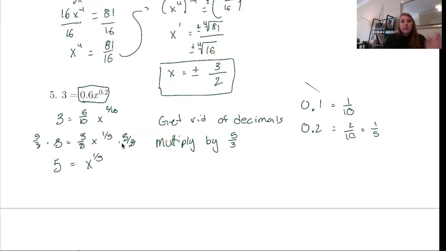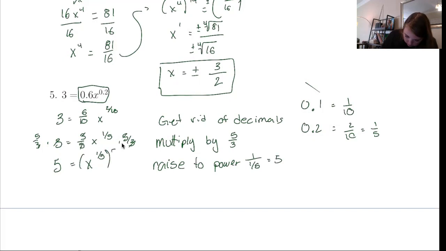Remember, I want x equals something. So I want x to have to the first power. So just like I have been raising each side to 1 over whatever the exponent is, it'd be like 1 over 1/5, which is just equal to 5.